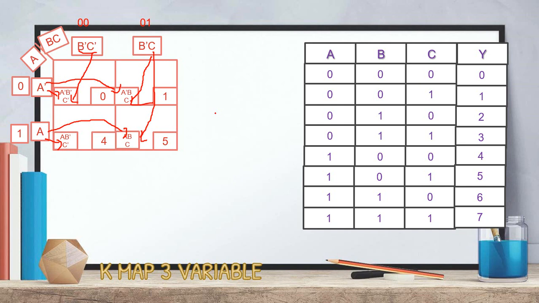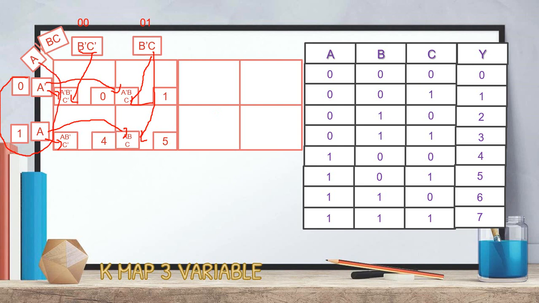Next 4 bits: you can check the 3-variable KMAP once again. As I already told you, 2 to the power of 3 variables means 8 cells, so we write another 4 cells. We can write the 8 cells as 4 in one row and 4 in the other row, or otherwise as 4 columns on one side and 4 columns on the other. Then you take 2 variables on this side and 1 variable on the other side.